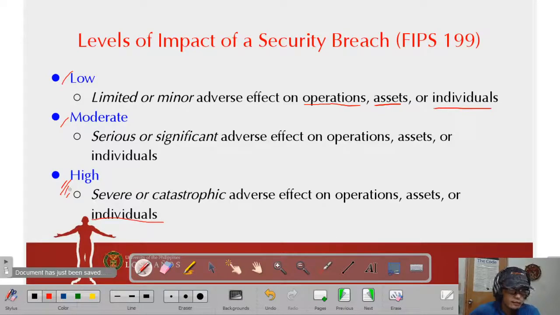So I read somewhere that a patient died because of a ransomware attack, because the data about that patient is not accessible. So that is basically a high level impact security breach, and that's dangerous.